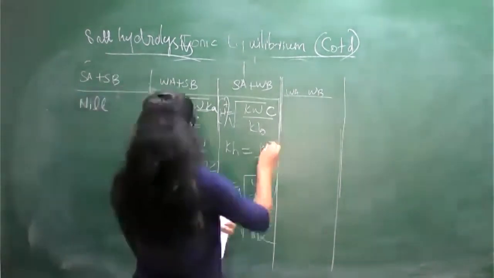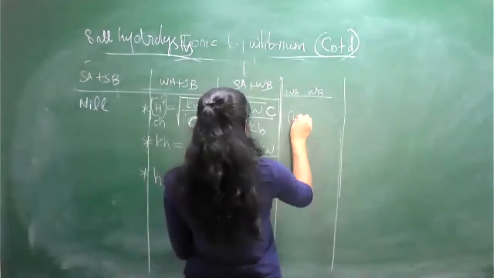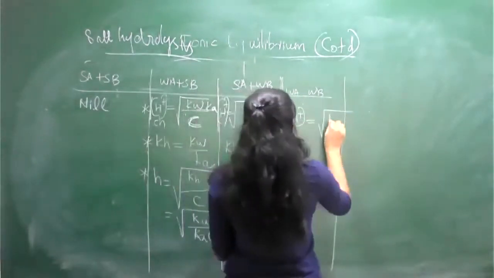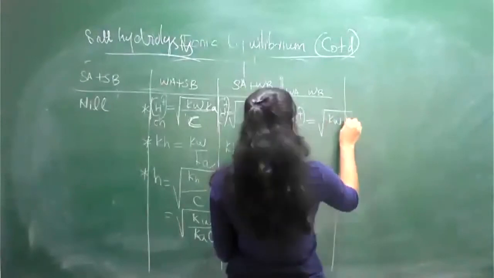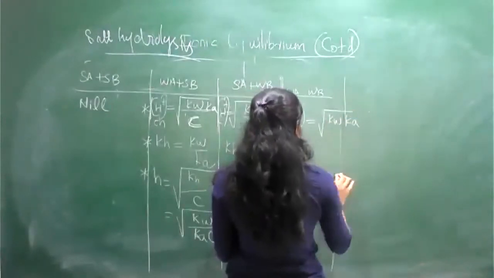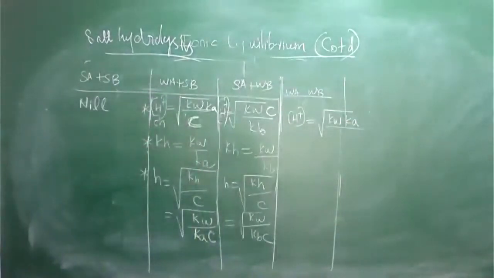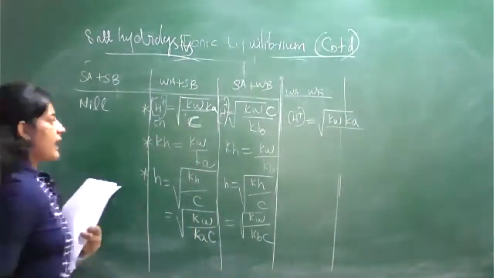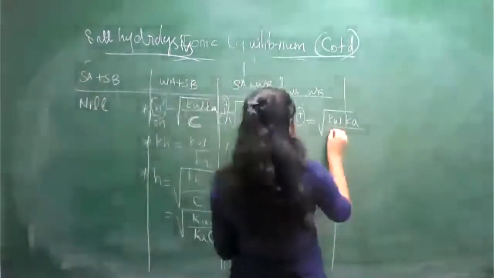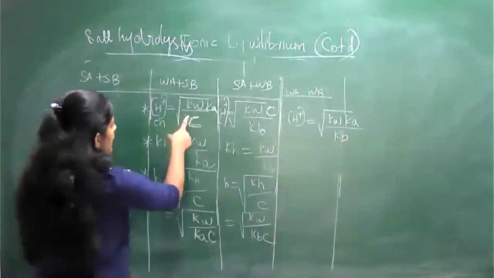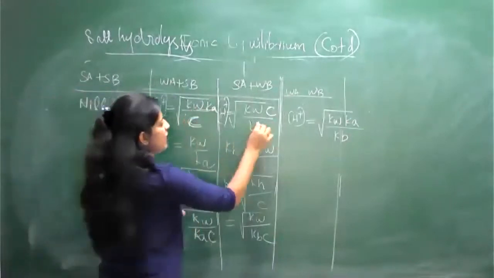Last one, you can learn by heart. H plus. Derivation will take time. Root of Kw Ka divided by Kb. Study this, okay? Kw Ka, just you can do, students.